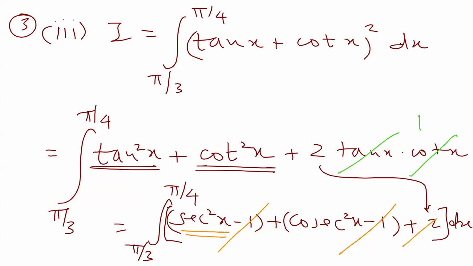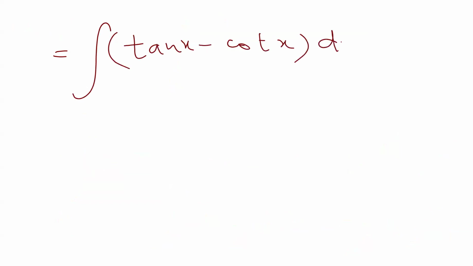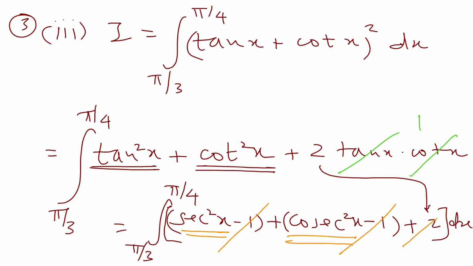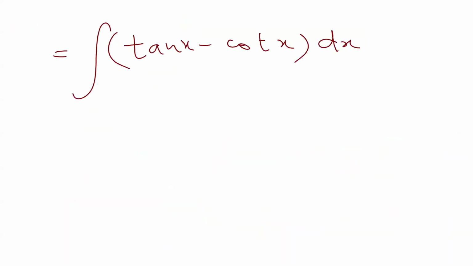Tan x. It's a direct formula. Integration of cosec square x is what? Minus cot x. So this is going to be tan x minus cot x dx. Lower limit is pi by 3, upper limit is pi by 4.